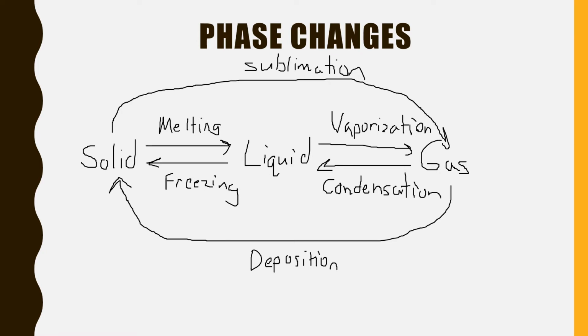It would be in your best interest to clearly understand these terms and how they relate to the phase changes. We will typically just deal with the solid to liquid and liquid to gas phase changes.